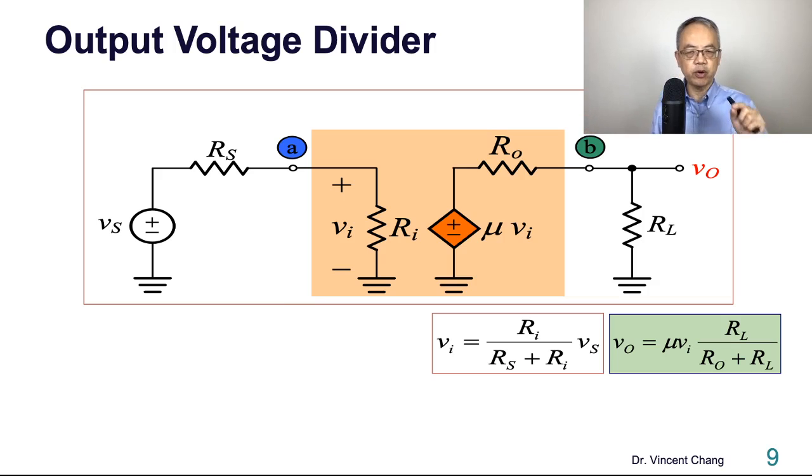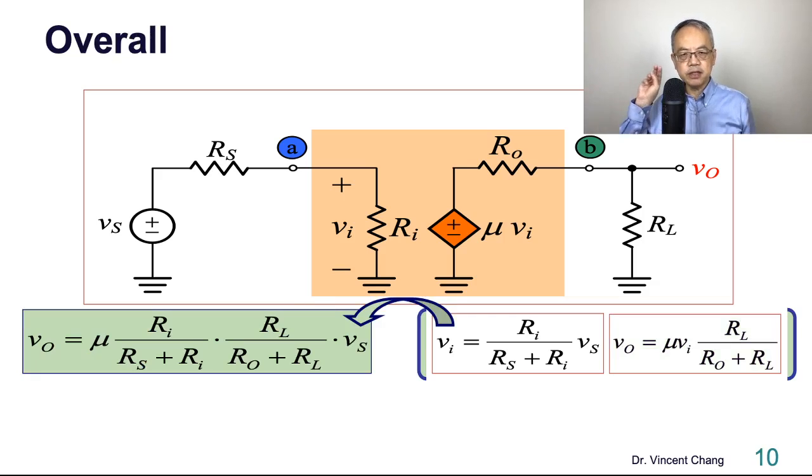So VO equals Mi Vi times the dividing factor RL divided by Ro in series with RL. Combining these two equations, you get the result: VO equals Mi Vs multiplied by two dividing factors, one on the left, the other one on the right.